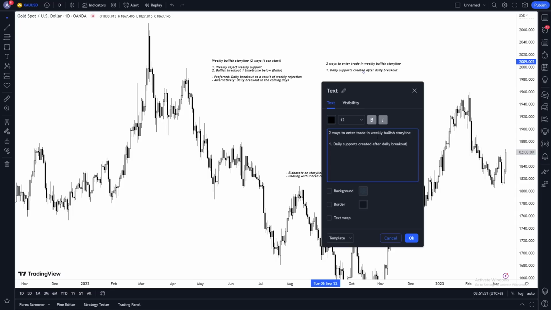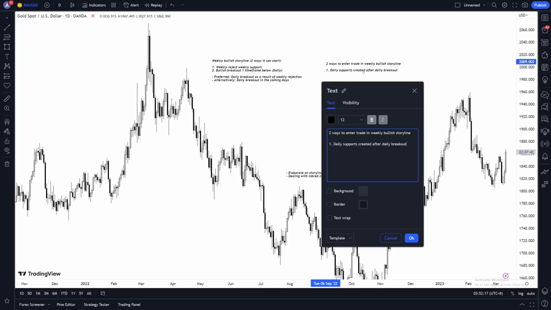Do you remember that to conclude that there's a weekly bullish storyline, we must have a daily bullish breakout? Okay, let me say that again. I know you guys like me to speak slow. Do you remember that for a weekly storyline to be bullish, there must be a daily bullish breakout? You remember that? There must be a daily bullish breakout when weekly storyline becomes bullish, correct?